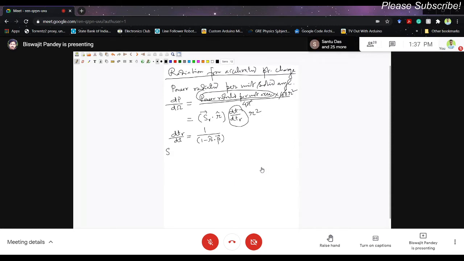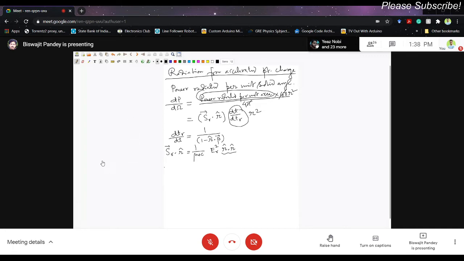We also calculated S_r dot r-hat, which was 1 over μ0 c times E_r squared. r-hat is the direction of the Poynting vector, and r-hat dot r-hat is 1, so we just have the square of E_r. And E_r is also known to us.